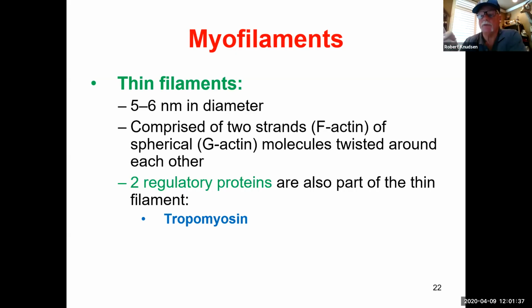So the thin filaments are actin, period. Now drop down. You see tropomyosin. Remember, the actin and myosin are directly involved in the sliding filament mechanism, but there are other proteins involved: troponin, tropomyosin, titin.